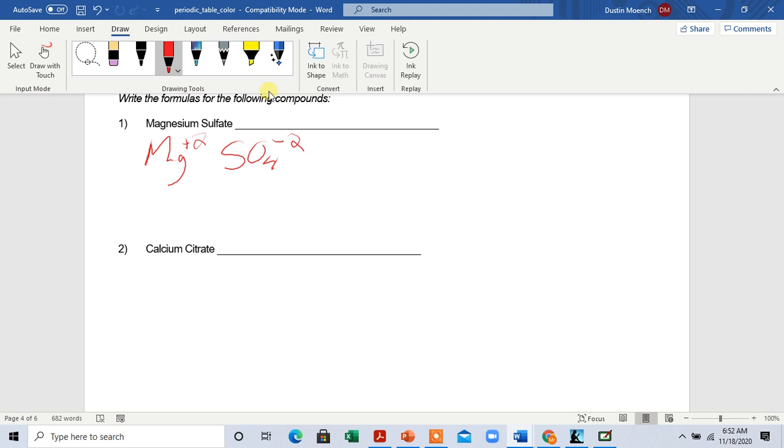Three, we need to make sure that these balance out, and if not, add atoms of one or both ions. So +2, -2, that already balances out. So now we're just writing our final formula without the charges, MgSO4.